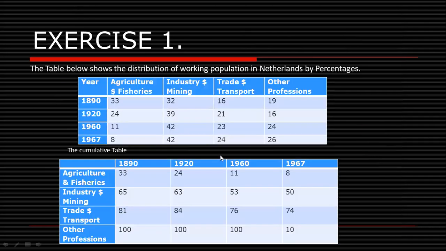For example, here they give you many. Like in 1890, in agriculture, they give you 1 million. Okay.